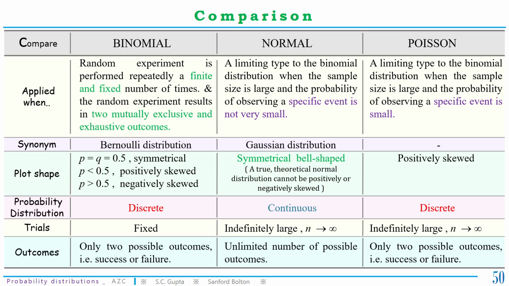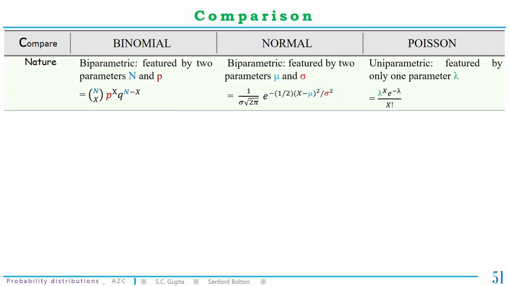In normal distribution, there is an unlimited number of possible outcomes. Binomial distribution is biparametric, featured by two parameters, n and phi. Normal distribution is also biparametric, featured by two parameters, mu and sigma. However, Poisson distribution is uniparametric, featured by only one parameter, lambda.